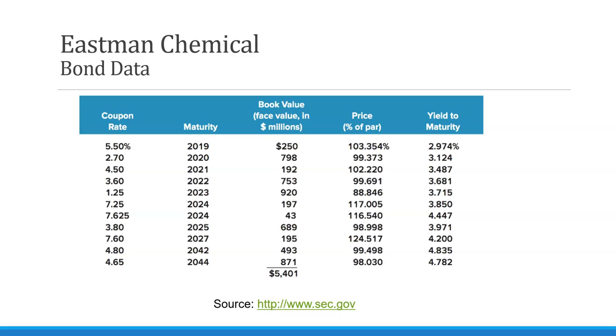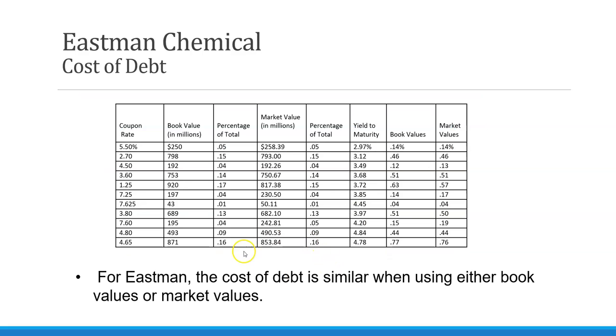To calculate the weighted average cost of debt, we want to take the total percentage of debt represented by each one of these bonds to their total, and we use both book values and market values for comparison.